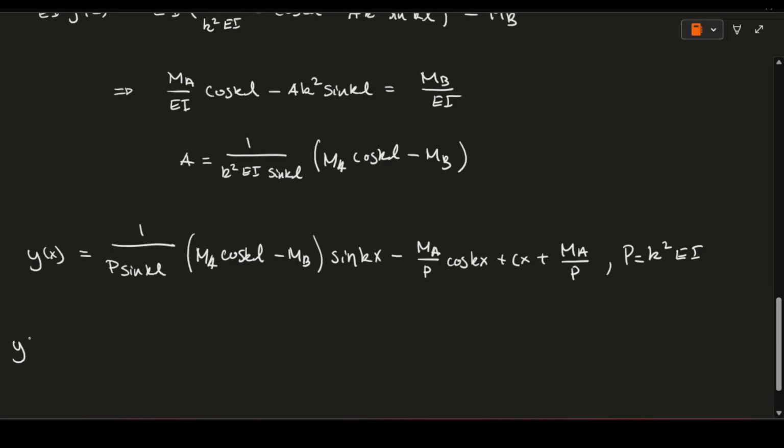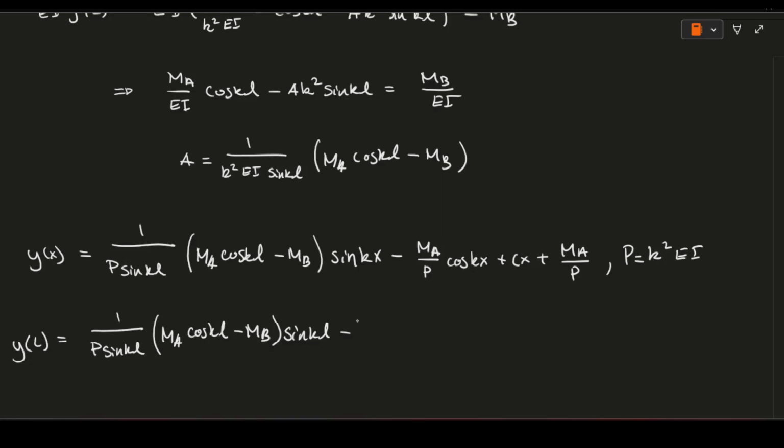Now we can use our last boundary condition that y at L is equal to 0. This then becomes 1 over P sine kL times MA cosine kL minus MB times sine kL minus MA over P cosine kL plus CL plus MA over P. This is equal to 0.